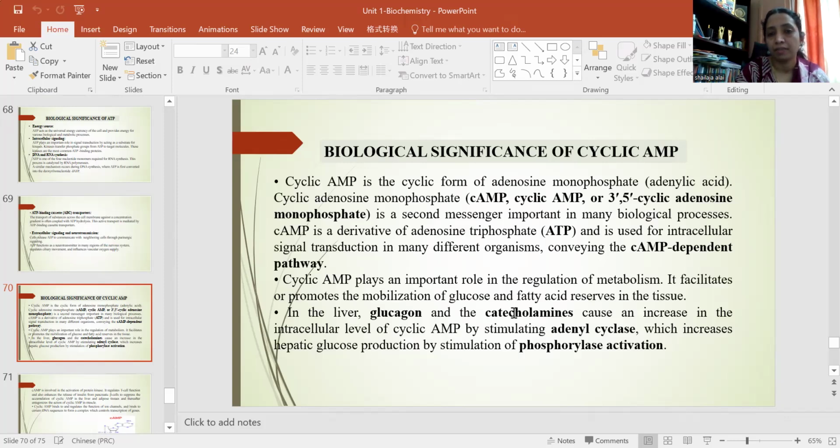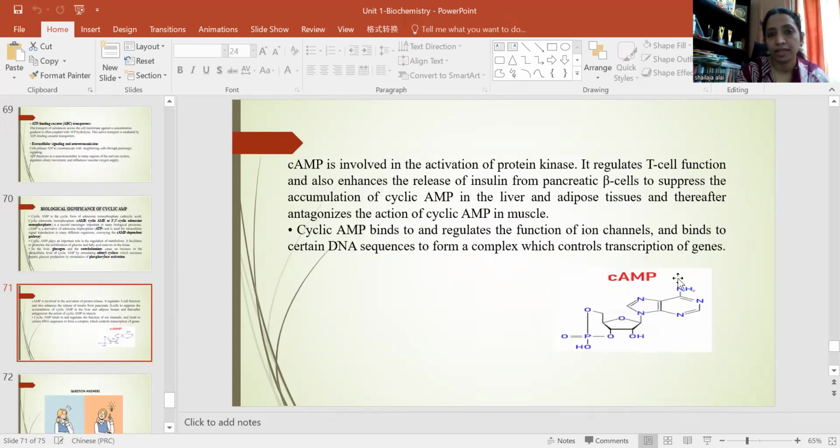Cyclic AMP plays an important role in regulation of metabolism. It promotes mobilization of glucose and fatty acid reserves in the tissues. As you can see the structure of cyclic AMP here, it involves activation of a protein kinase. It also regulates T cell functions and enhances the release of insulin from pancreatic cells.